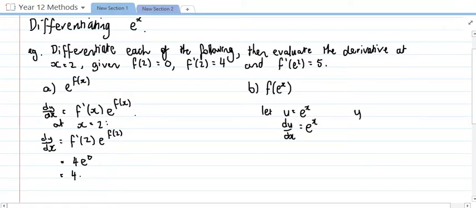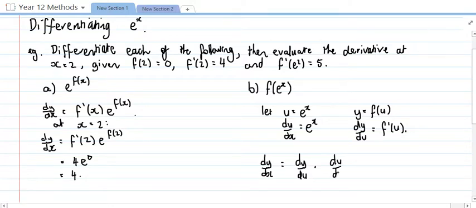That means that y equals f of u, and when we differentiate that, dy du will be f dash u. So I can then say that dy dx is equal to dy du by du dx.